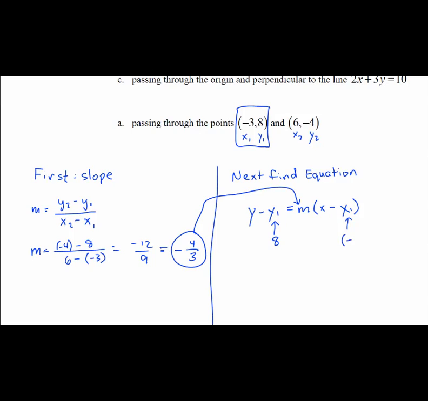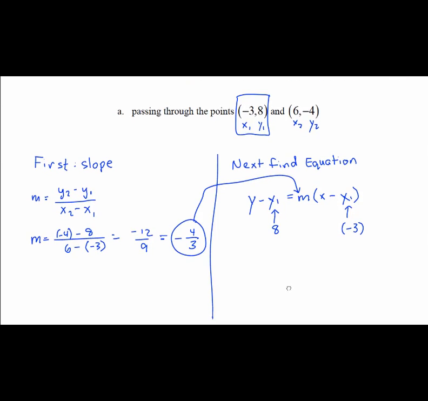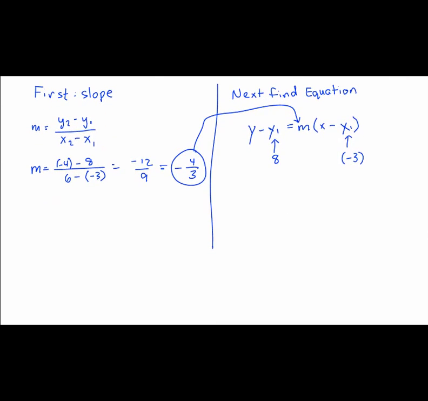As long as you take both coordinates from the same point, you'll still get the same slope-intercept equation by the time the whole thing is done. Okay, so my equation at this stage becomes y minus 8 equals -4/3 times x plus 3.